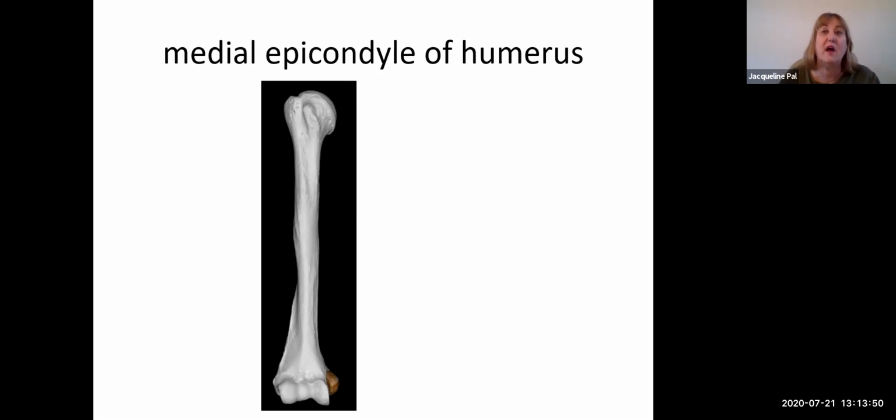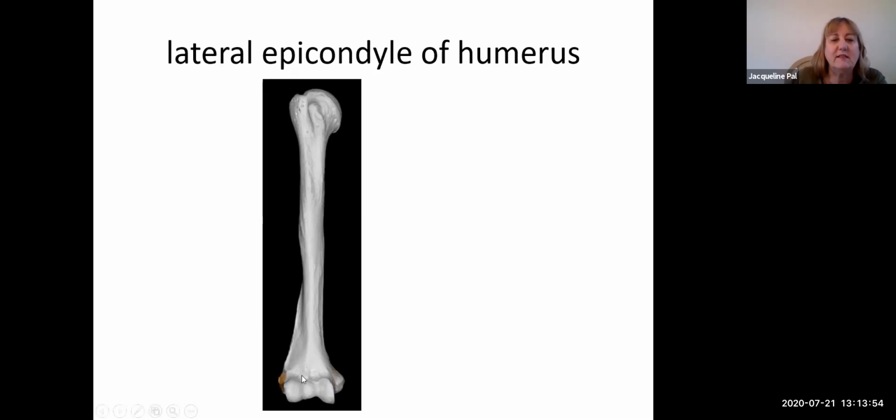And if that is the medial epicondyle, then this bump, which is on the capitulum, would be the lateral epicondyle of the humerus. So if you need to stop and review, the trochlea being the medial condyle with its medial epicondyle, and the capitulum being the lateral condyle with its epicondyle, go ahead and do that now before we continue.